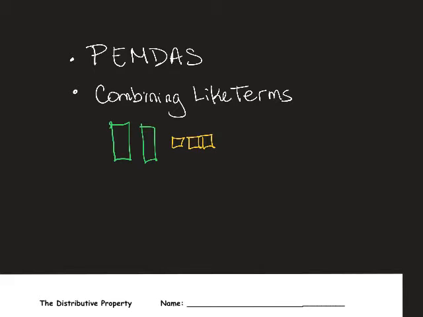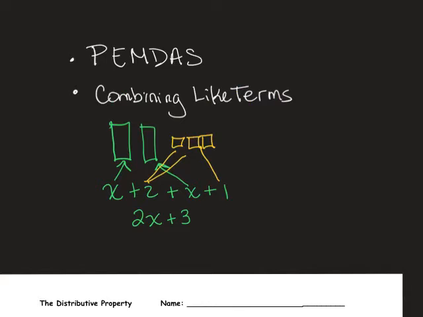So if we had something like x plus 2 and plus x plus 1, this would be one of the x's, this would be one of the x's, this would be 2 yellow tiles, and this would be 1 yellow tile. And we could not combine an x with a 2 or an x with a 1 because they were not like terms. We never quite got that far to putting numbers with it because we ran out of time.